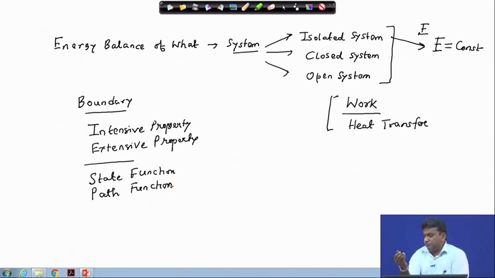You can probably also, because this is a chemical engineering 101 subject, tell them what is equilibrium, what is steady state, what is unsteady state, and so on and so forth.